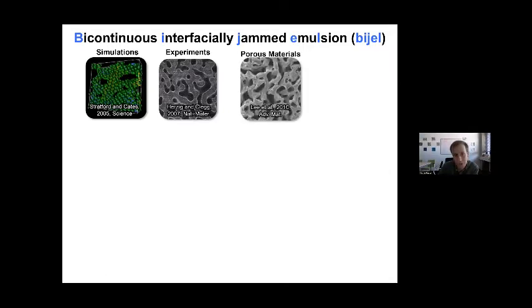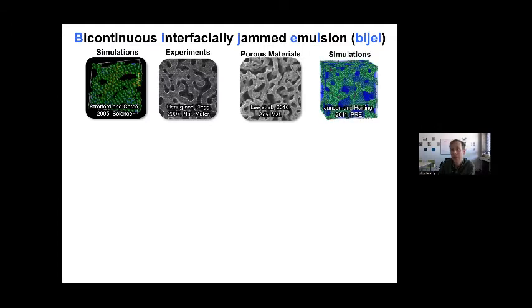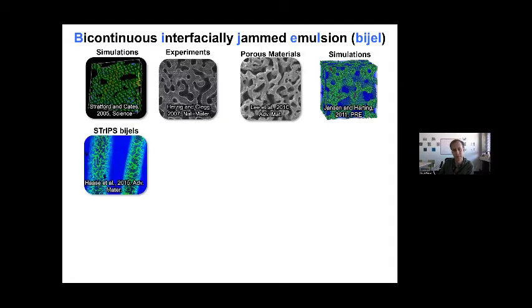And afterwards, more research started also in the United States. And Jens Harting carried out very interesting computer simulations also to understand more about the properties of these particle-stabilized bicontinuous emulsions. In 2015, I joined the stage as a postdoc where I introduced a new method to make bijels called STRIPS.